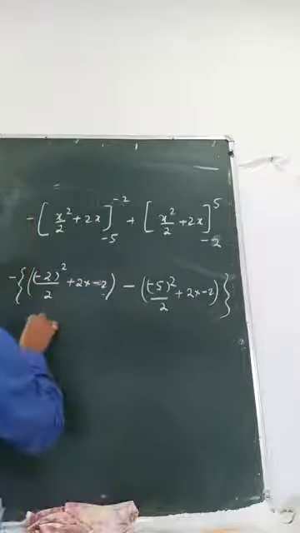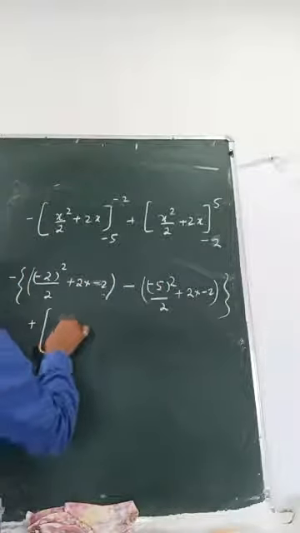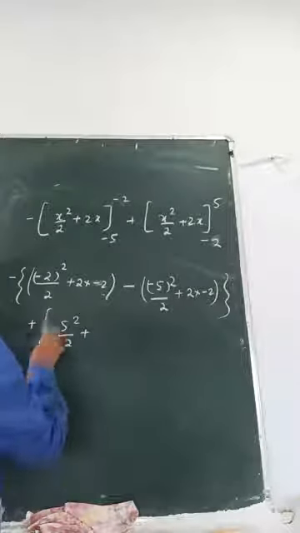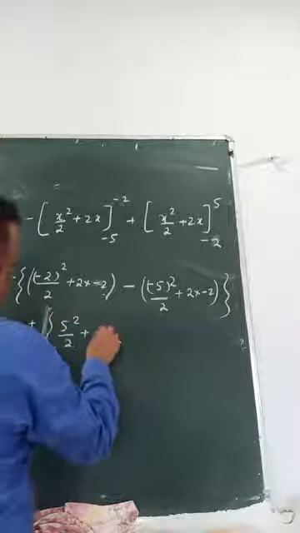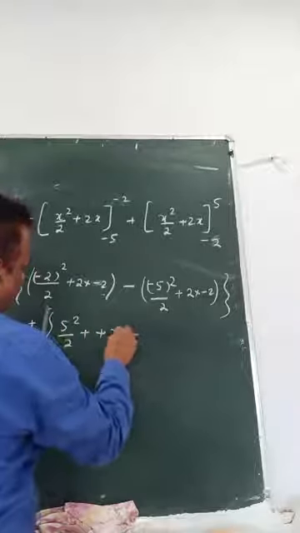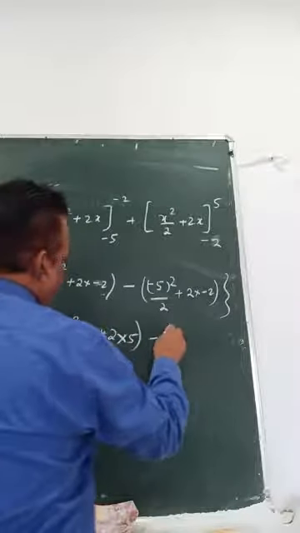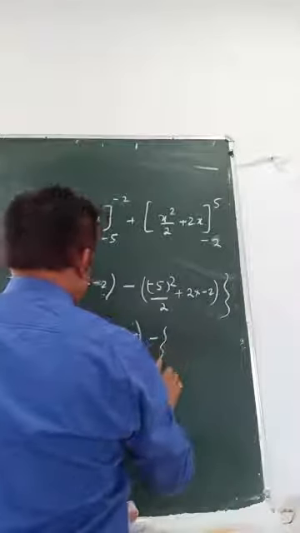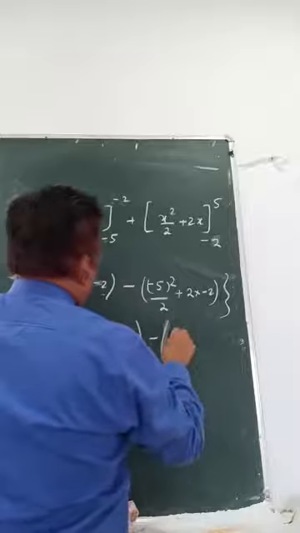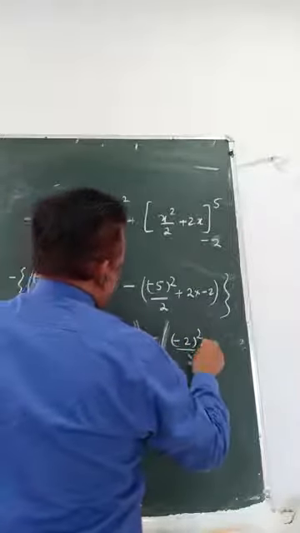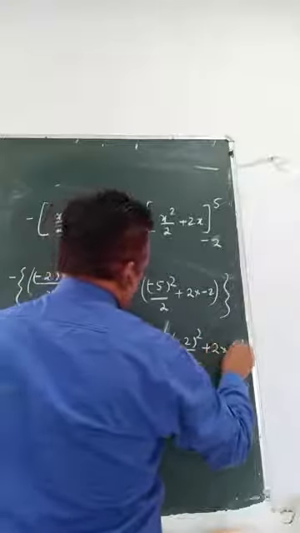Then plus 5 square by 2 plus 2 into 5, minus 2 square by 2 plus 2 into minus 2.